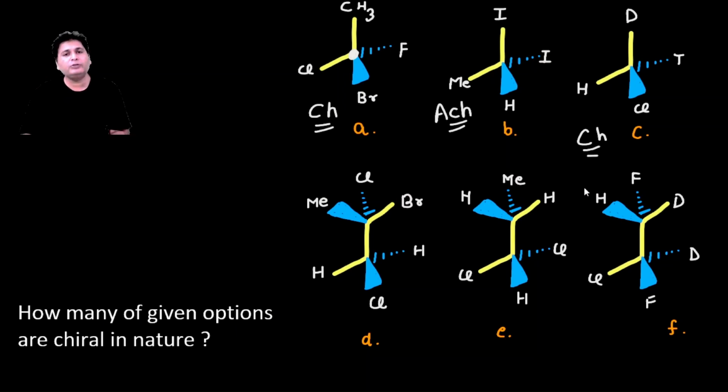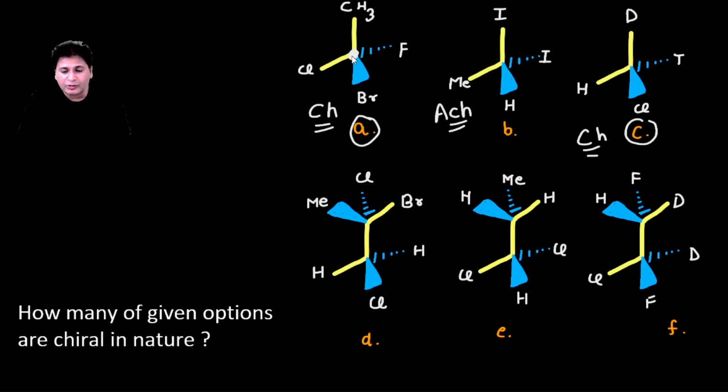Now if you try to see the results of superimposability and chirality and the groups which are attached to the carbon, you notice a very important feature. The A and C, as we have called them chiral, have a special property. What is that special property?